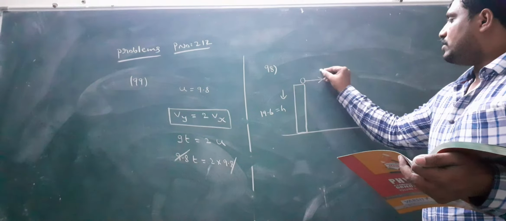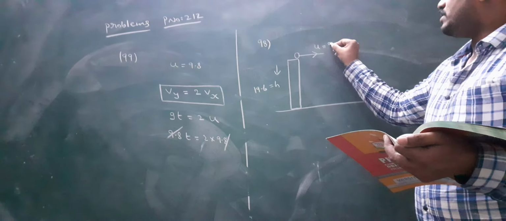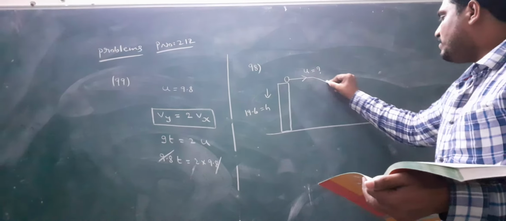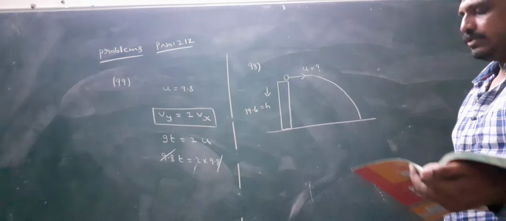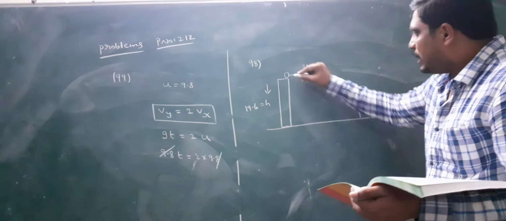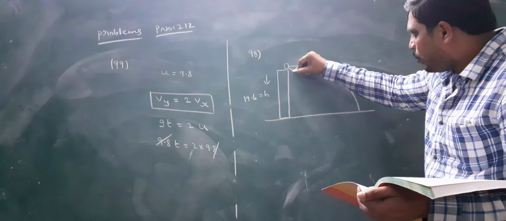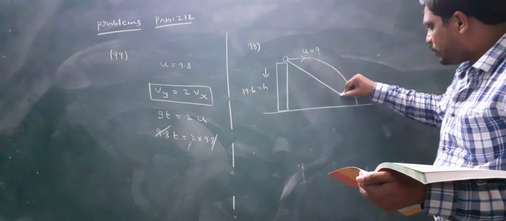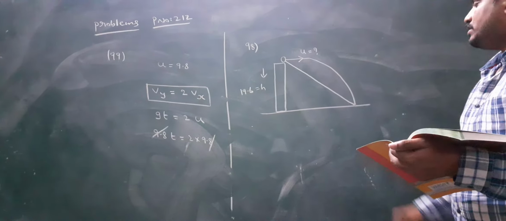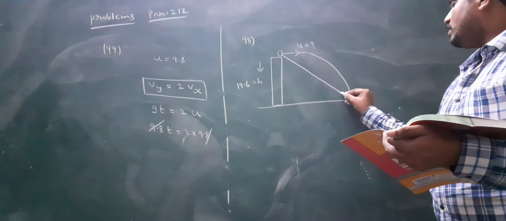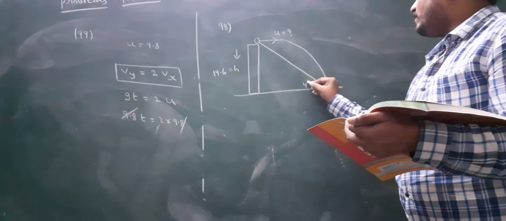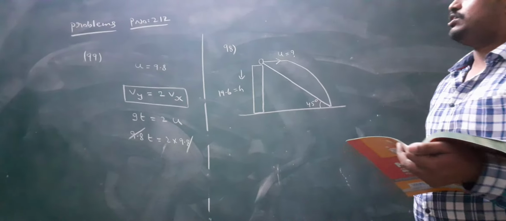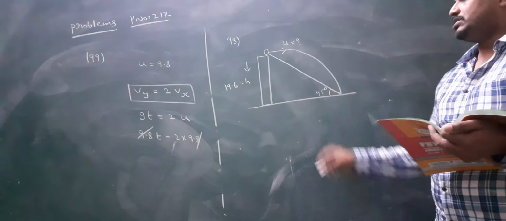Okay. The initial velocity will be calculated. It reaches the ground. The question is: the line joining the point of projection to the point of reaching the ground makes an angle of 45 degrees with the horizontal. Again I say the question.